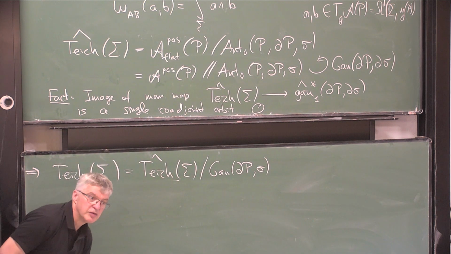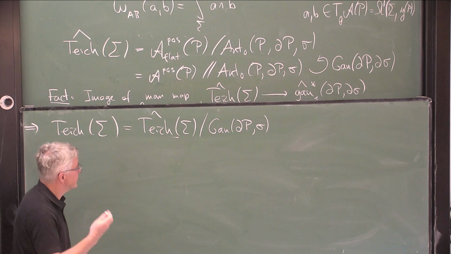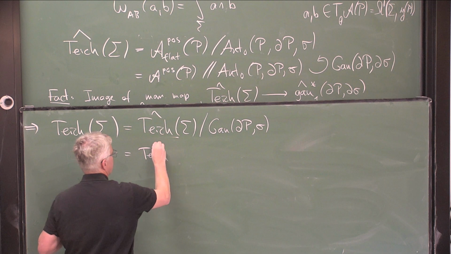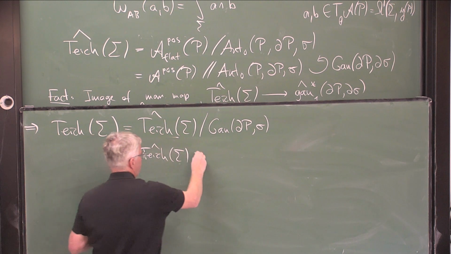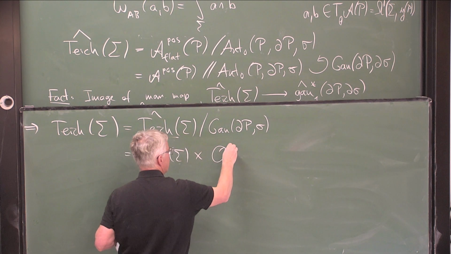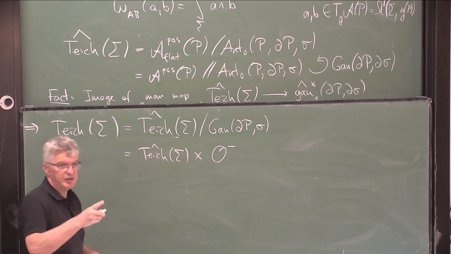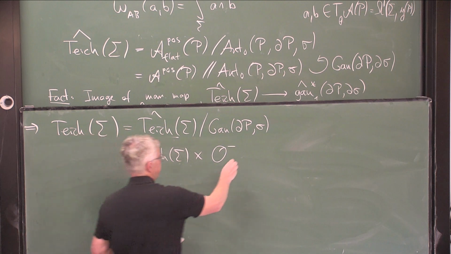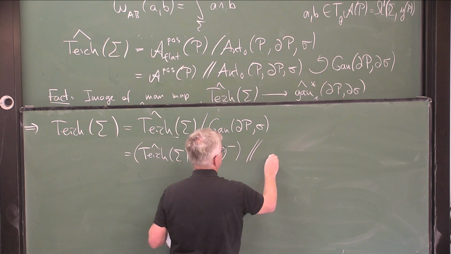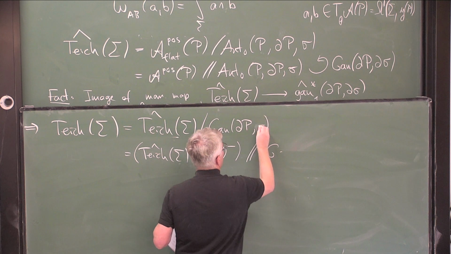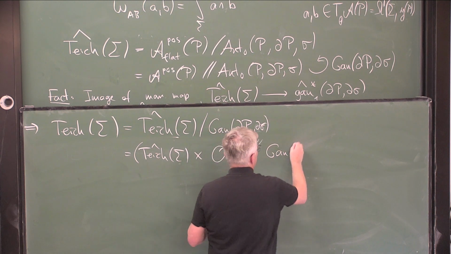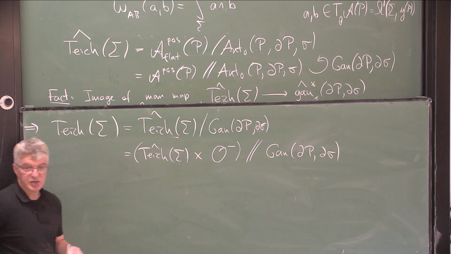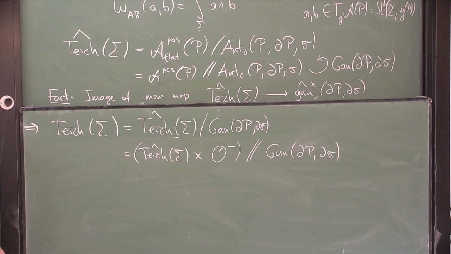So maybe we can do it in symplectic geometry: we take the product with this coadjoint orbit with the opposite symplectic structure, just put a minus sign in the symplectic structure, and then quotient by the diagonal action as a symplectic quotient. And in this way, it does inherit a symplectic structure.